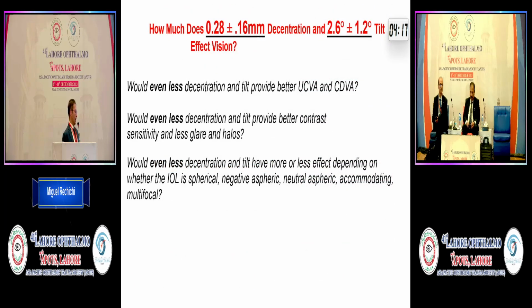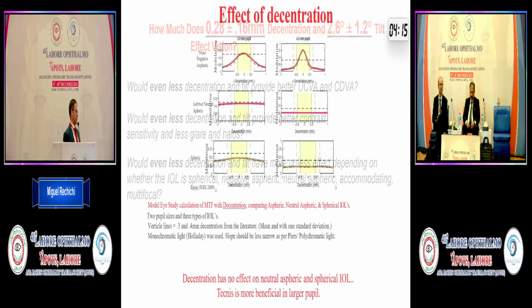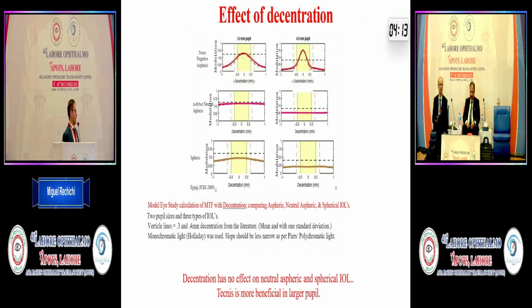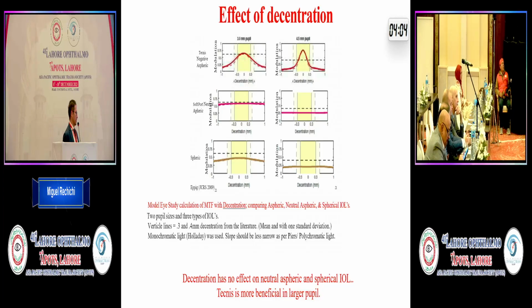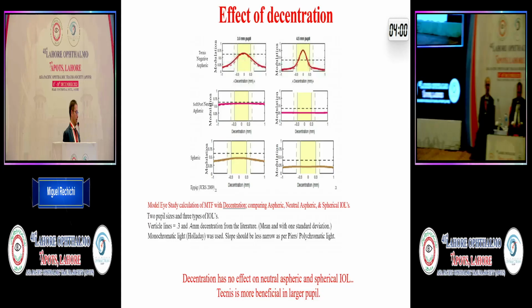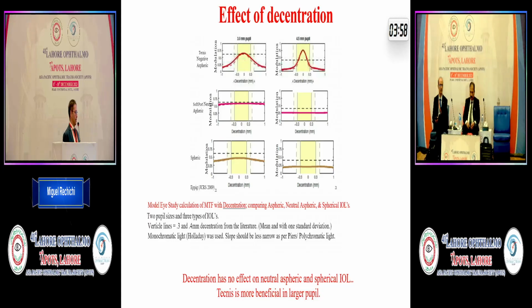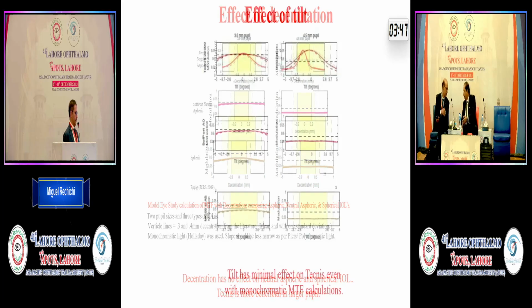If we look at the literature, we will see, for example, that a conventional monofocal IOL, the J&J PCB, if decentered by more than 0.8 millimeter, will not really affect the effective lens position, nor the power.